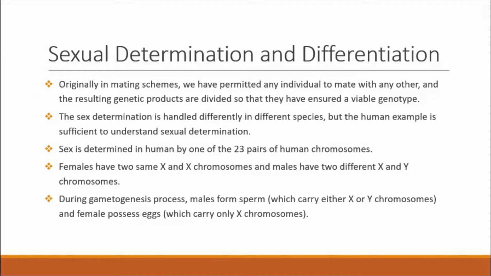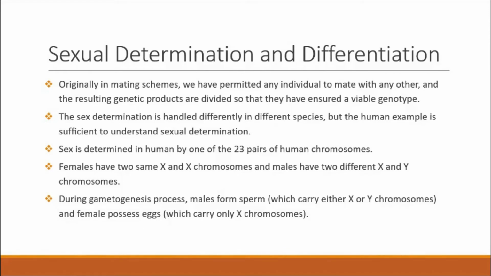Then in sexual determination and differentiation, in the case of human chromosomes, the sex of a human being is determined by one pair of the chromosomes. That is how human sex is determined.